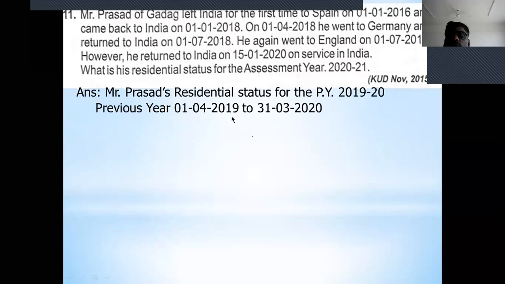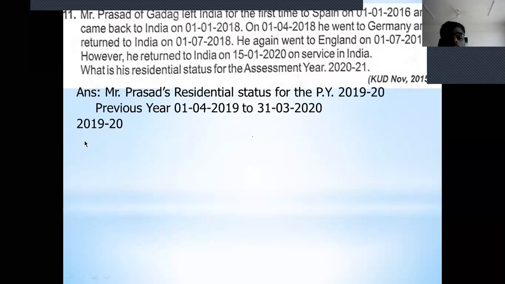This is the previous year period. I'll write the 11 previous years here. 2019-20 is your current previous year. Before this previous year, you have to take down 10 previous years.